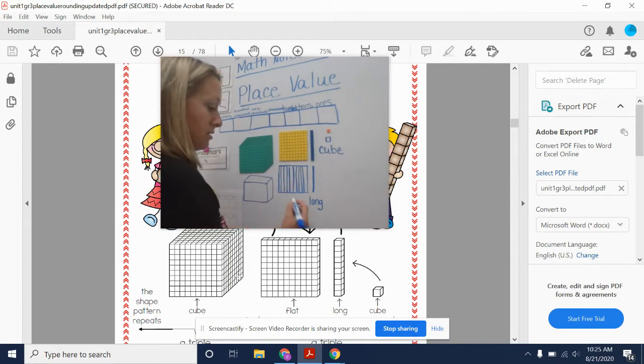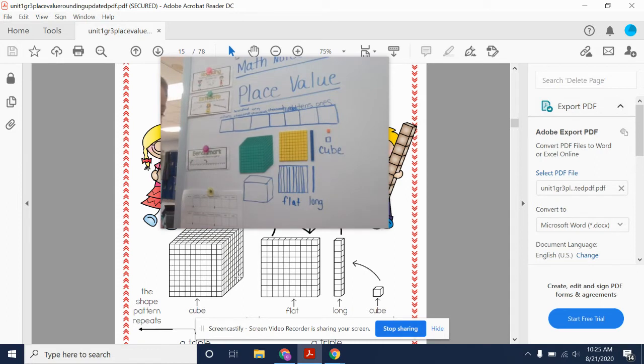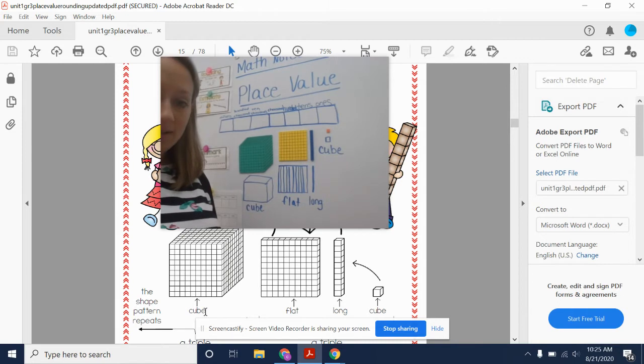This is a flat. And this is also called a cube. Okay? So get all of that into your notes, and then we will come right back and we'll practice this just a little bit.